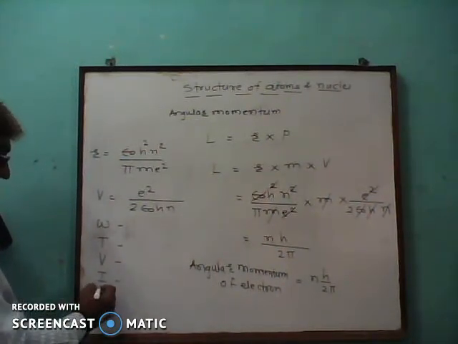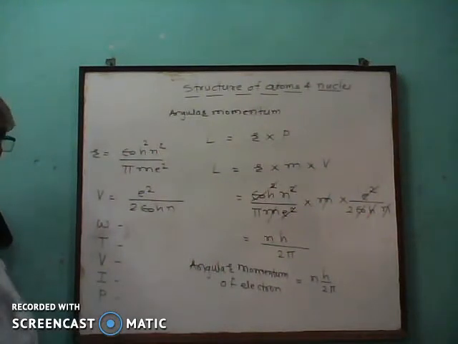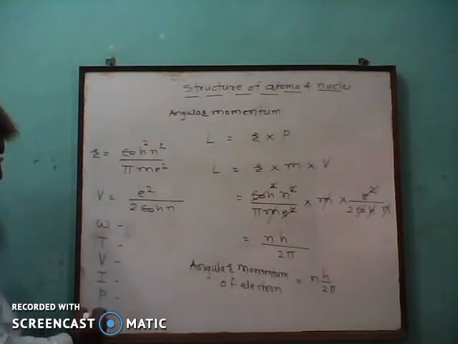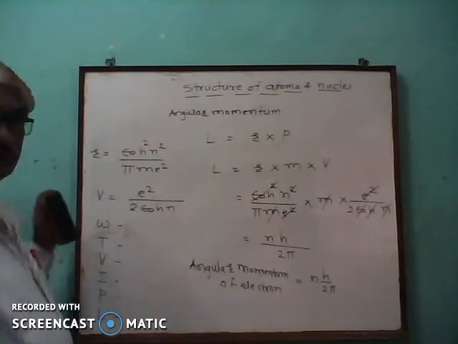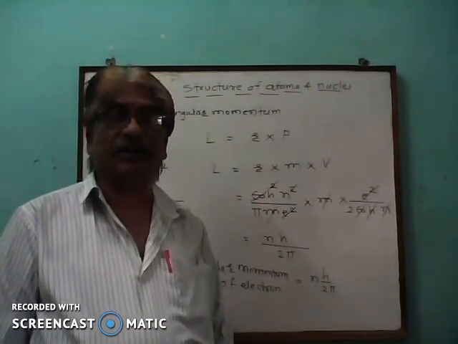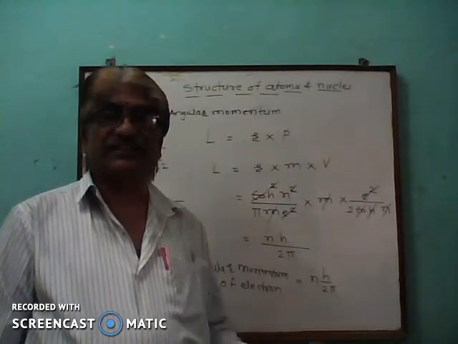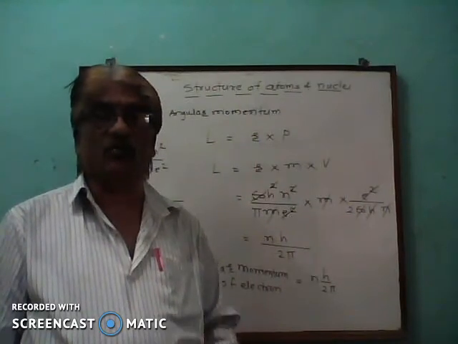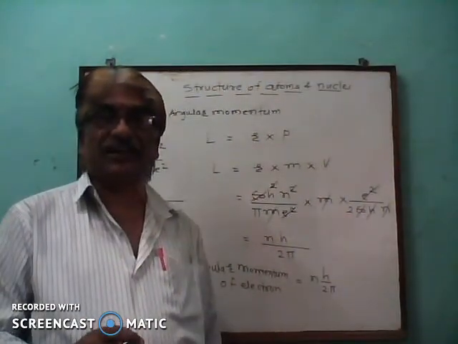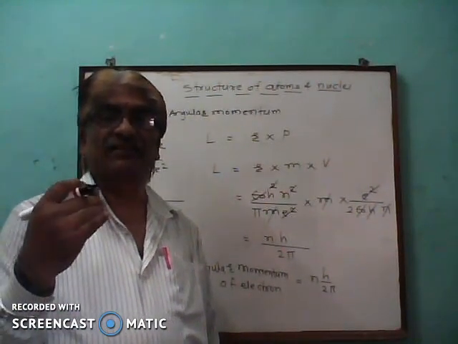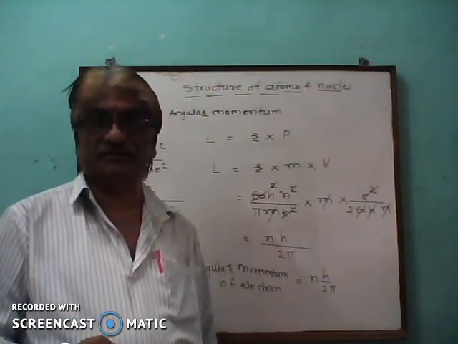Number 7, linear momentum of electron. And number 8, angular momentum of electron. The two terms that can be determined next are centripetal acceleration and centripetal force. These will be seen in the next video.